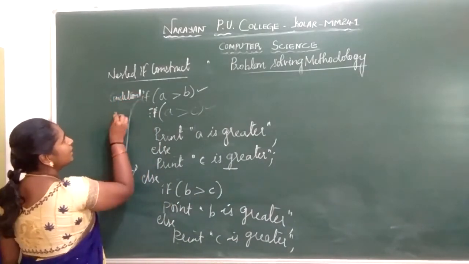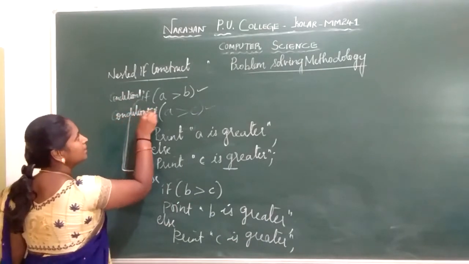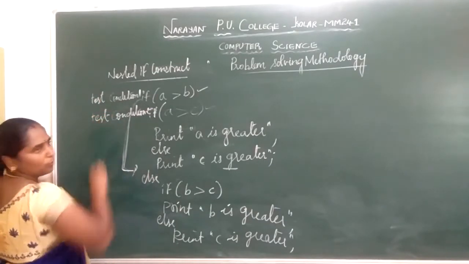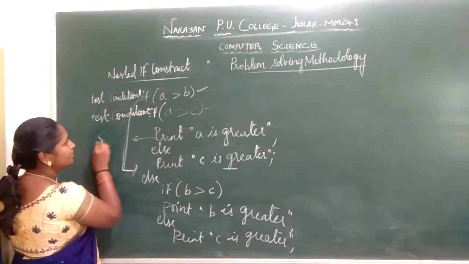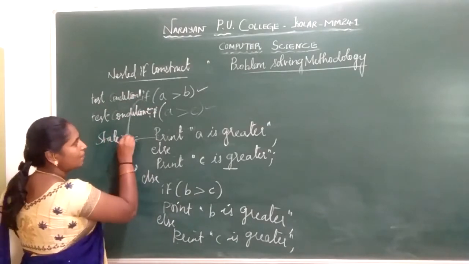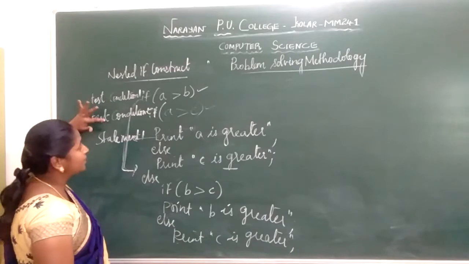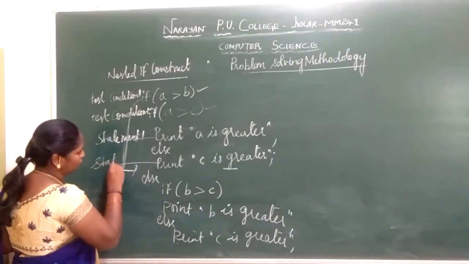It is like this is my condition test 1, this is my condition test 2. I am going to test condition 1 and condition 2. If both conditions are true, then I am going to print statement 1. If the first condition test is true but the second condition test is false, then I am going to print statement 2.